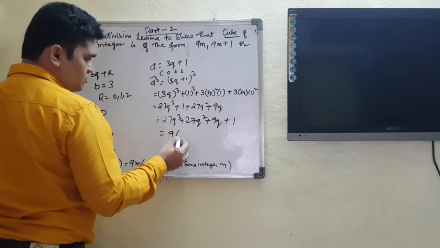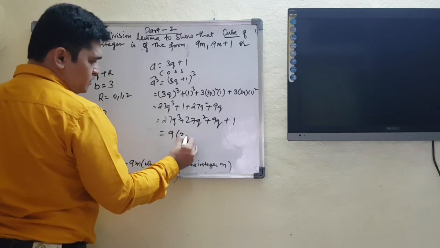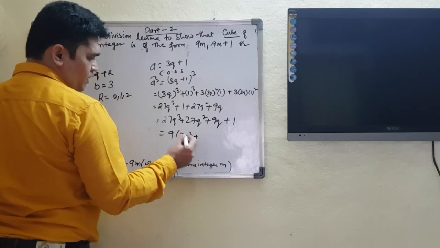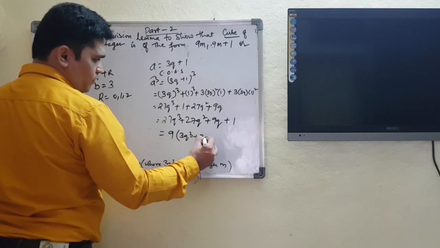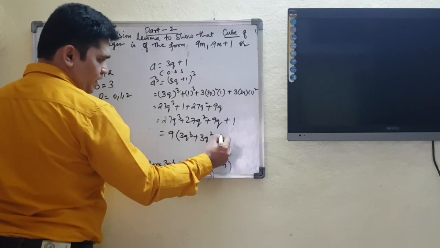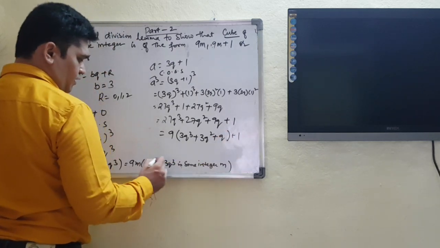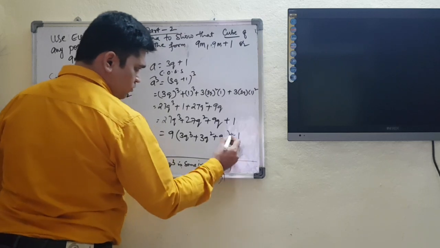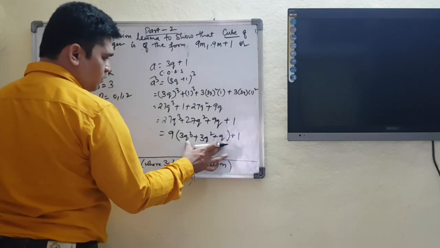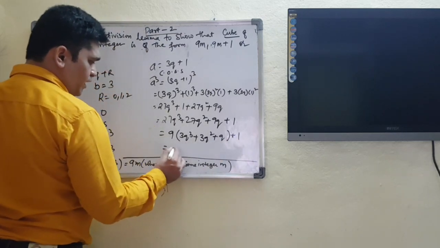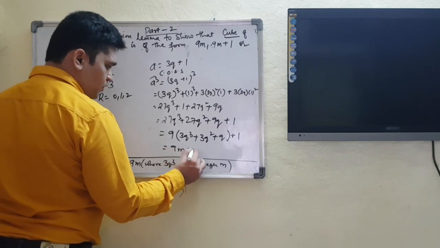So if you take 9 as common, 9 3s are 27q cube plus 9 3s are 27q square plus 9 1s are 9, that's simple, q, plus 1, right? Considering this whole term as integer m, it becomes 9m plus 1.